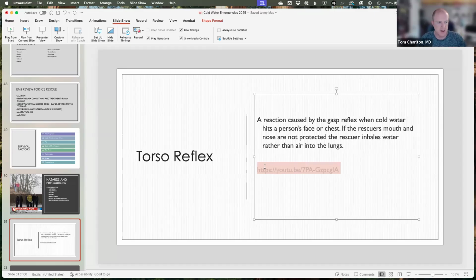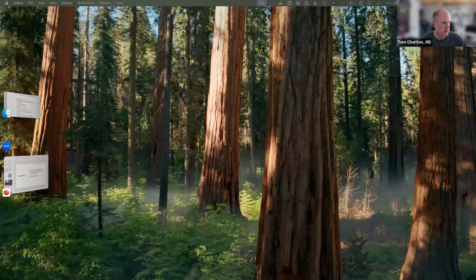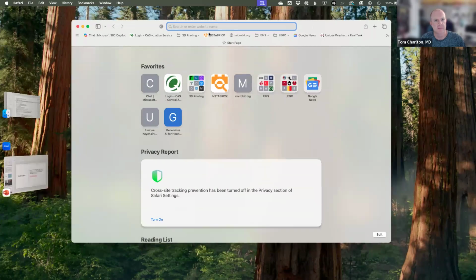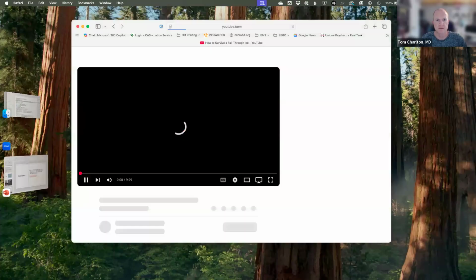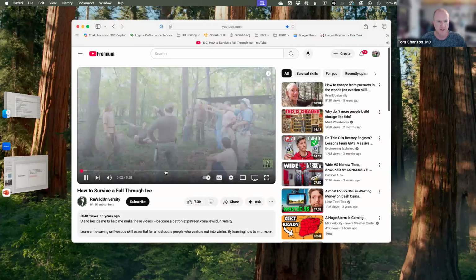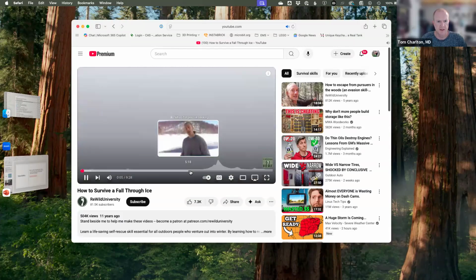Pretty much all cold water immersions are going to have a very similar kind of response. Okay, I'm assuming you guys can still see the web page. Give me just a second. I can fast forward a little bit.